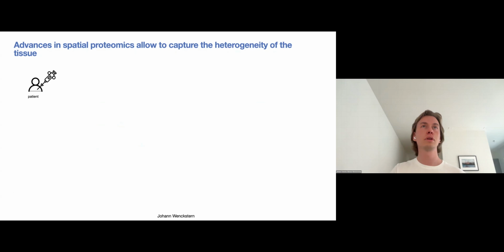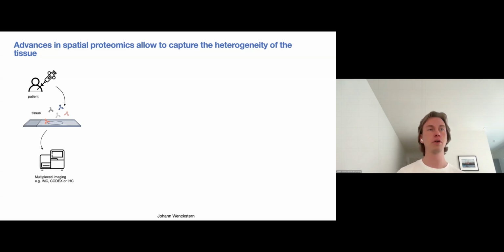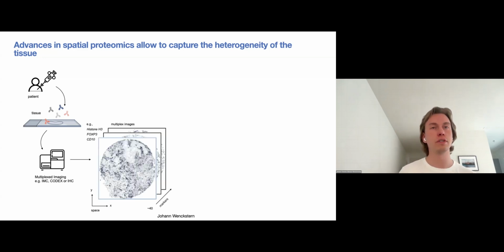A patient has a biopsy taken. The tissue is stained with antibodies. These antibodies bind to specific target markers. And subsequently, using different imaging technologies such as IMC, CODEX, or IHC, this tissue biopsy is imaged, and the resulting image looks, for instance, like this.